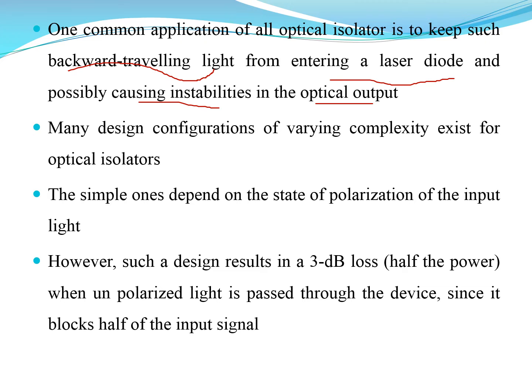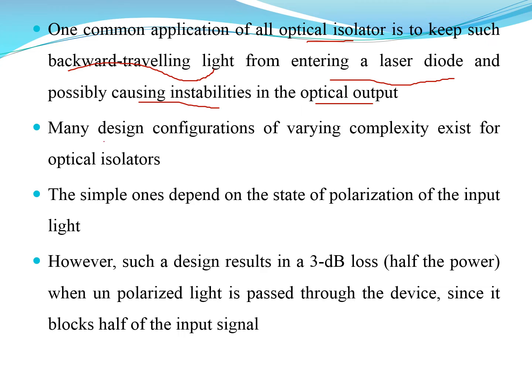But during propagation, some part of the light may reflect back or travel backwards. That shouldn't happen. If it does, it may cause instability in the optical output, so the optical isolator is used to prevent it.